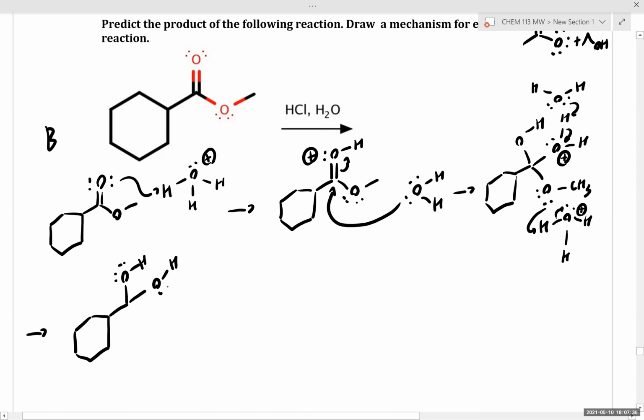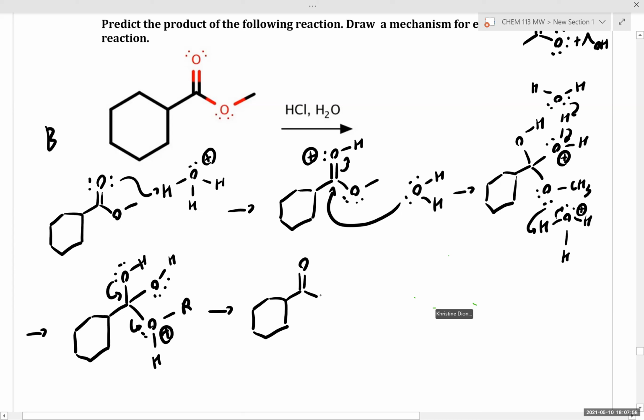So that way, when we regenerate our carbonyl, we can eliminate our leaving group via 1,2 elimination. So we have this activated protonated leaving group, so we can lose our leaving group via 1,2 elimination.